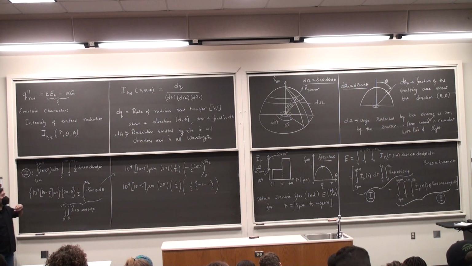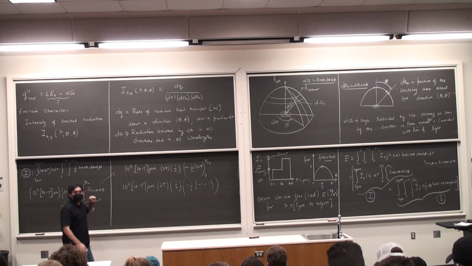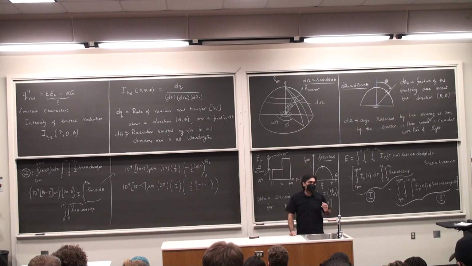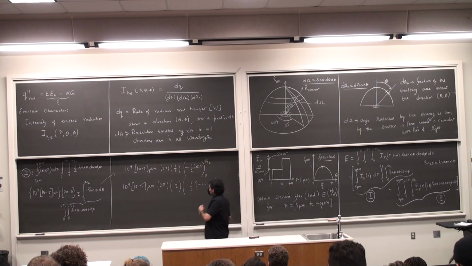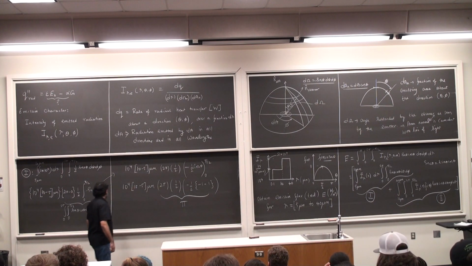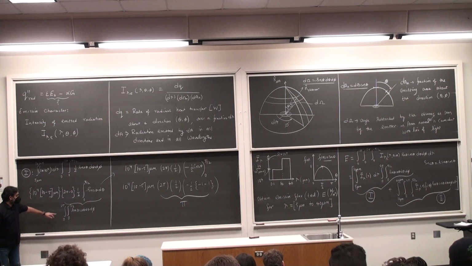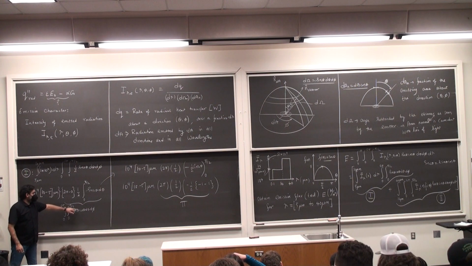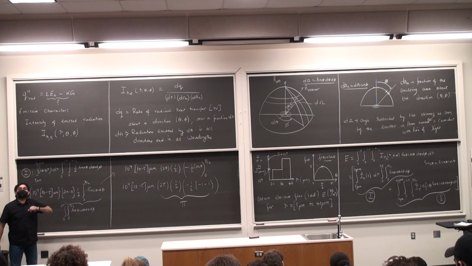Minus, minus and minus becomes a plus. 1 plus 1 is 2. 2 divided by 2 is 1. So all of this gives me just pi. Okay, so this entire setup here gives me pi. And so what I want to say is the integral from 0 to 2 pi, 0 to pi by 2, sine theta, cos theta, d theta, d phi is just equal to pi.